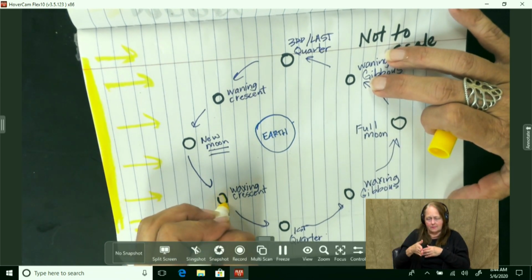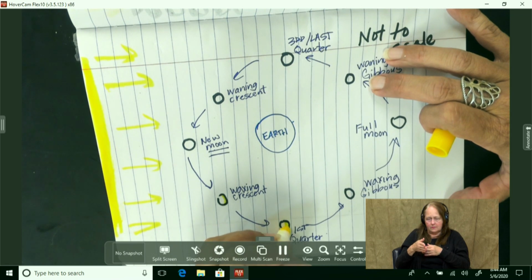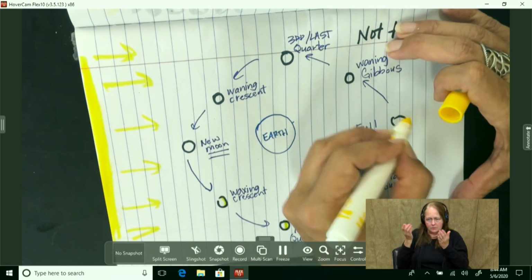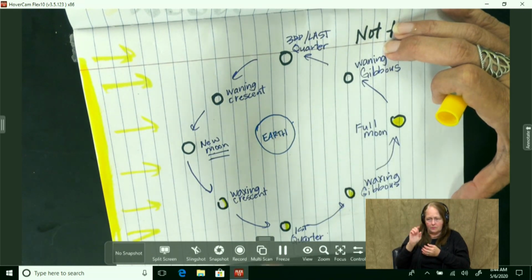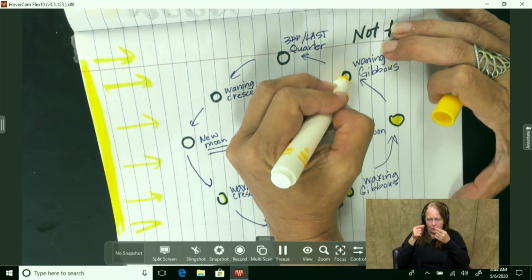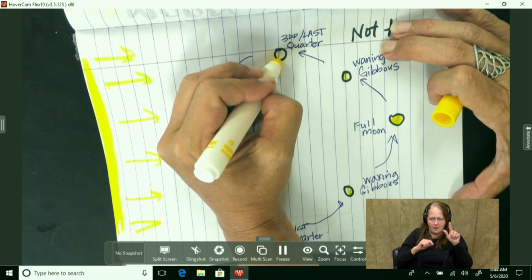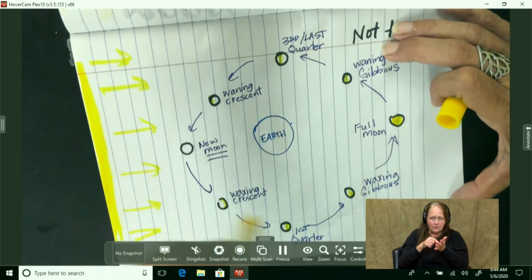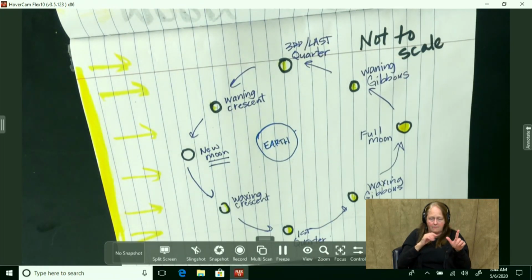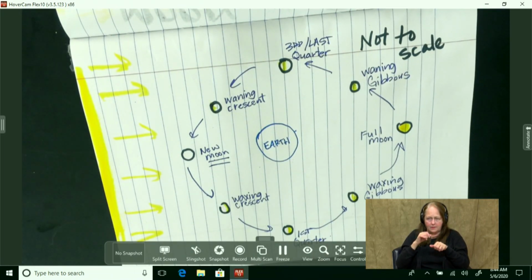So let me add some moons here. Full. If it's waning, now the lit portion is going to be on the left side. The way that I remember this is left leaving. If the light looks like it's leaving, it's going to be on the left-hand side.